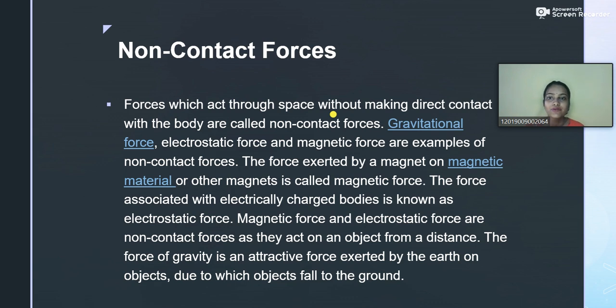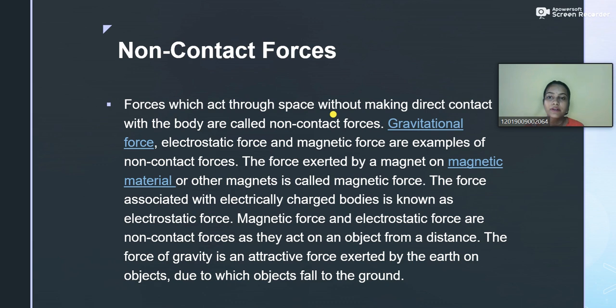The force associated with electrically charged bodies is called electrostatic force. So the force which is mainly associated with electrically charged bodies or particles is known as what? Electrostatic force. So magnetic force and electrostatic force are non-contact forces as they act on an object from a distance. Which forces? The magnetic forces and electrostatic forces.